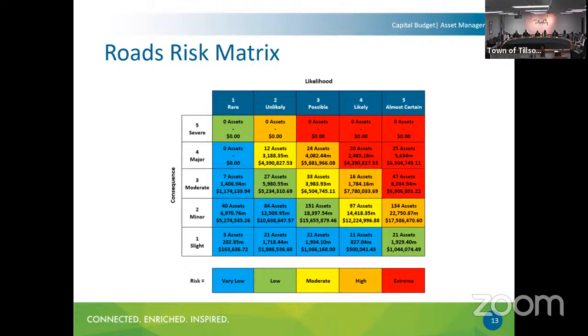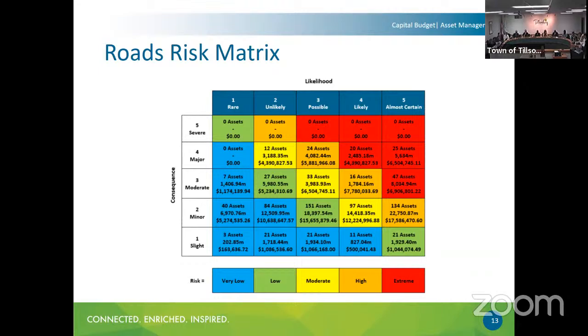What the software allows us to do is to take all of our road segments and classify them in terms of this matrix, which shows how many assets and dollar value are in the red, which is critical, and then orange, yellow, green, and blue, which is very low risk to extreme risk.